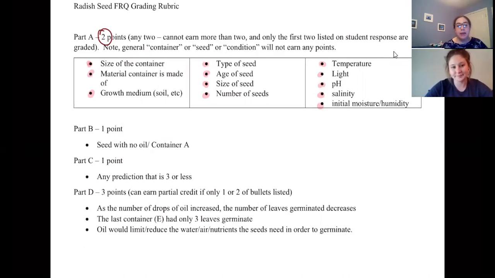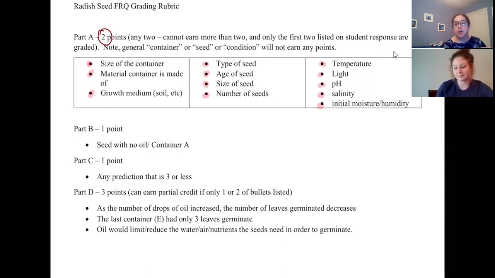Okay, so in part B, it was asking you to identify which container was the control. Now remember, your control is your baseline. It is what you're going to compare everything else to. So ask yourself, what do seeds normally grow in or with?